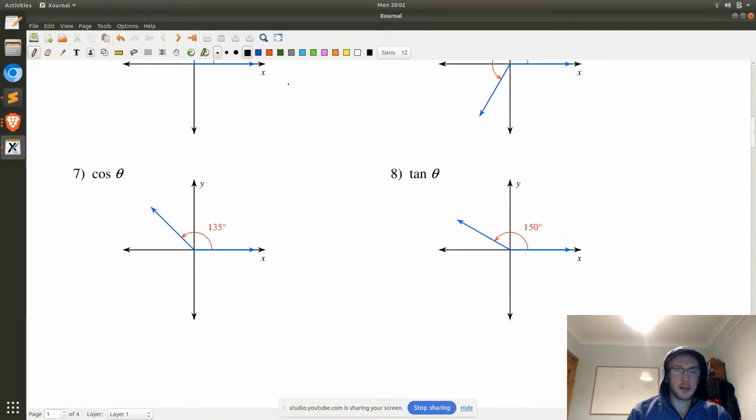Next up, cosine of 135 degrees. I believe it's negative root 2 over 2. Tangent of 150 degrees. It's off by 60, so the minus of tan 30, so minus 1 over root 3.